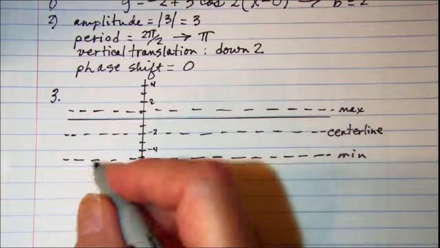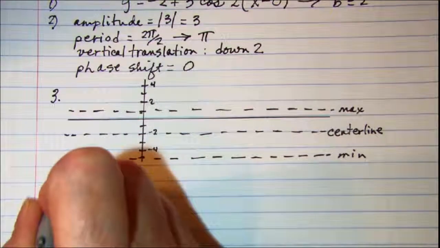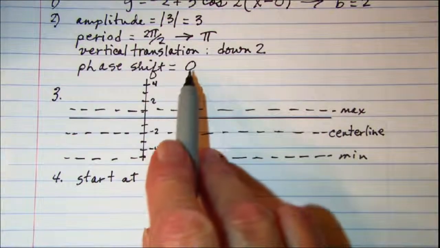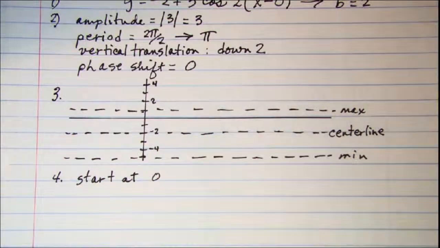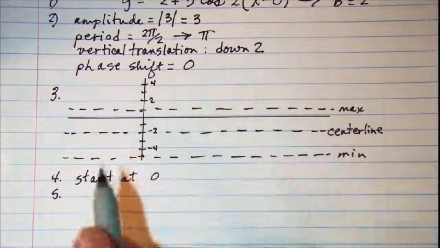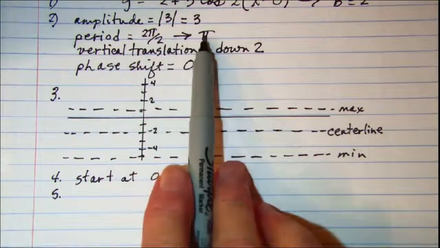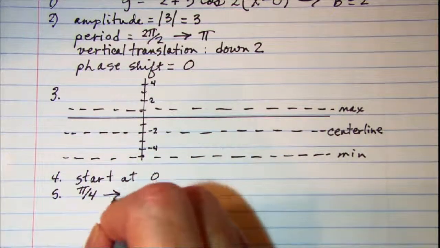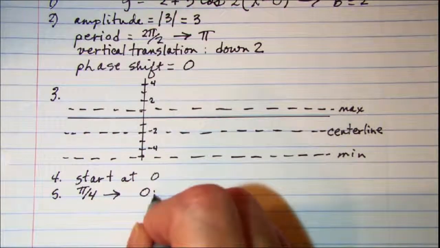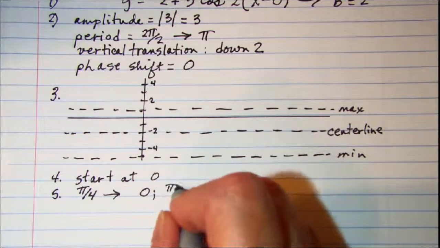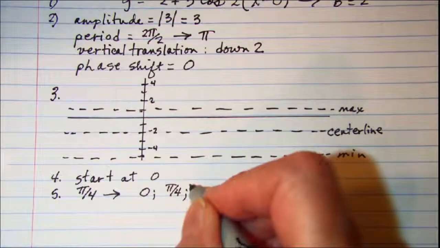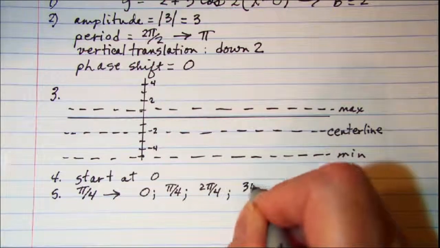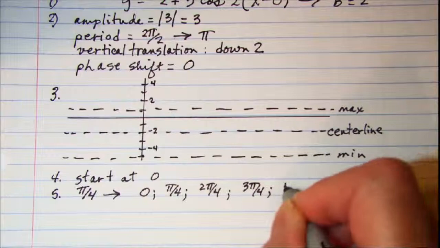The next step is to find the beginning x value. My phase shift is 0, so it looks like I'll be starting at 0. And then I need to take my period and divide it by 4. So pi over 4 gives me 0 starting, and then add pi over 4, and then add pi over 4 again, and again, and again.